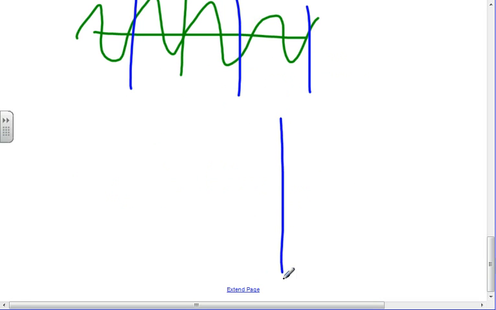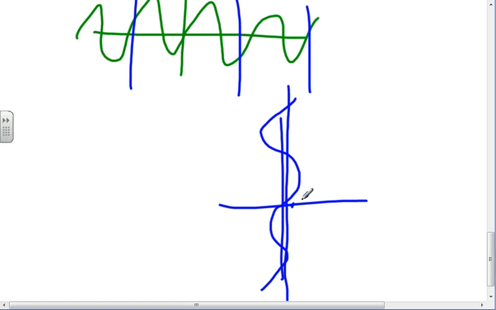Okay, so now we're going to do it again, and we're going to look at this guy, and this is arcsine. For every x I pick, I get an infinite number of answers. So it turns out the inverse sine function, if we didn't do something about it, would not be a function. Can my calculator calculate something that's not a function? No, that wouldn't work. So what we do is we define the arc sine guy.